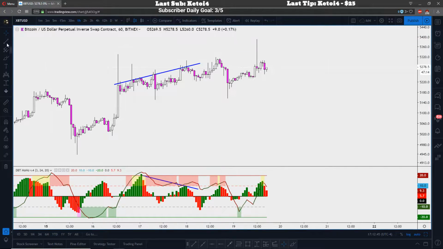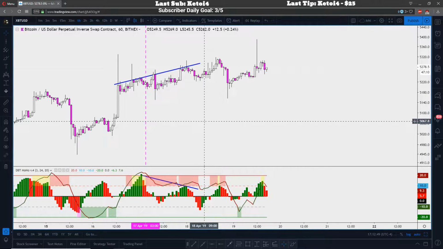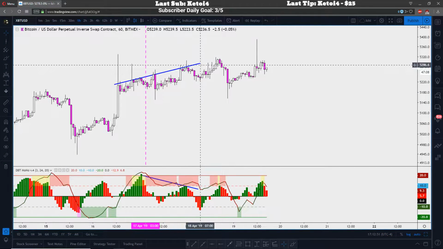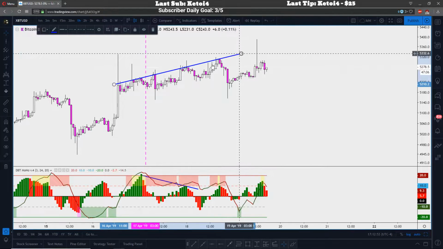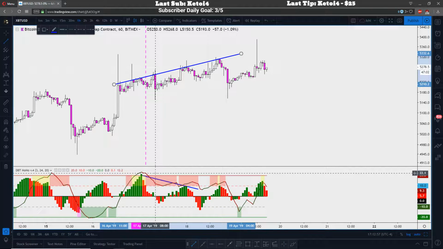So it signaled for a top here, and then it kept rising. But as it kept rising, it created a triple bear div.